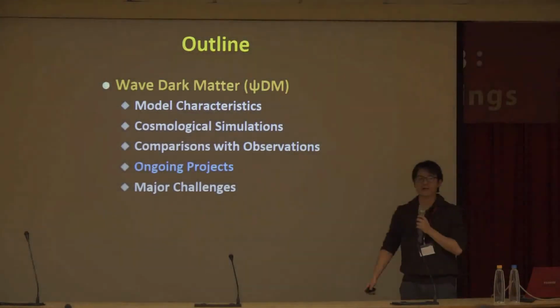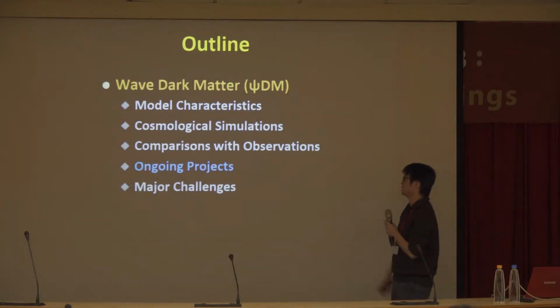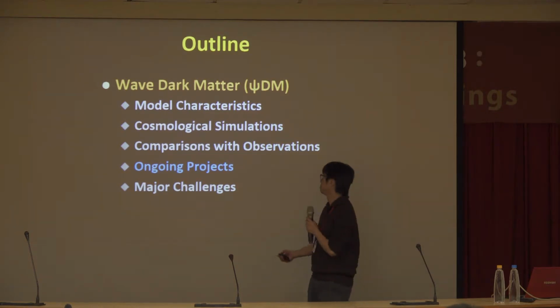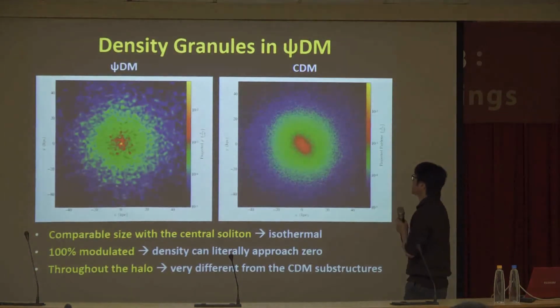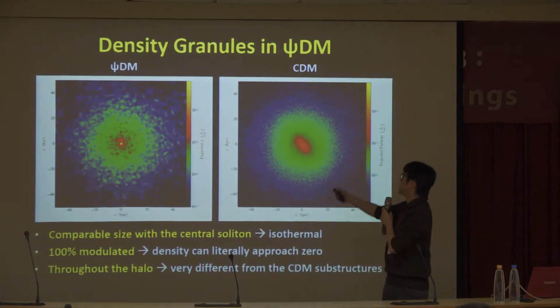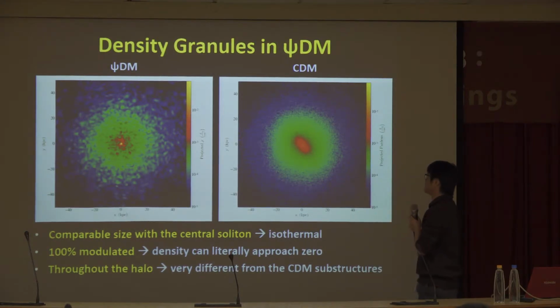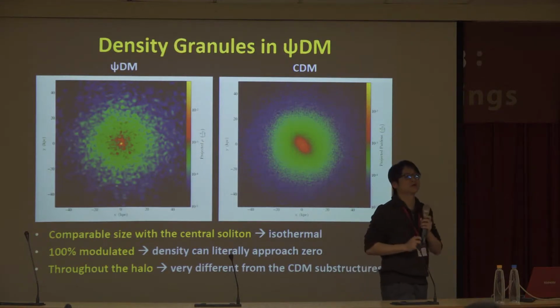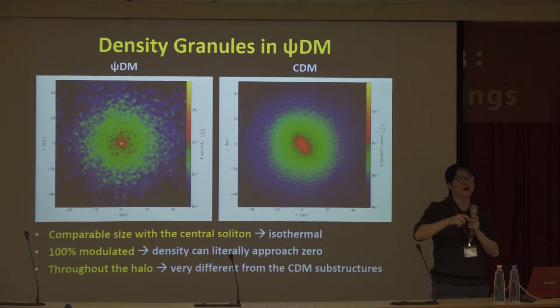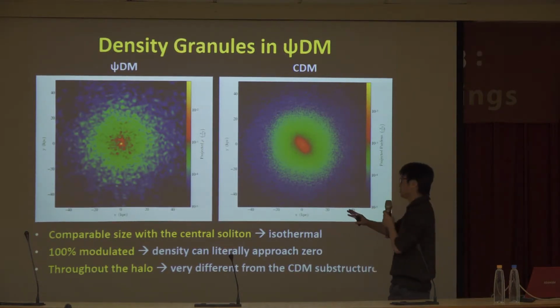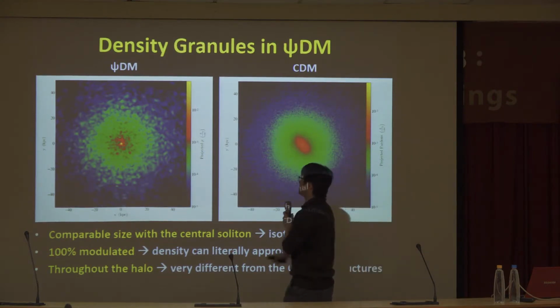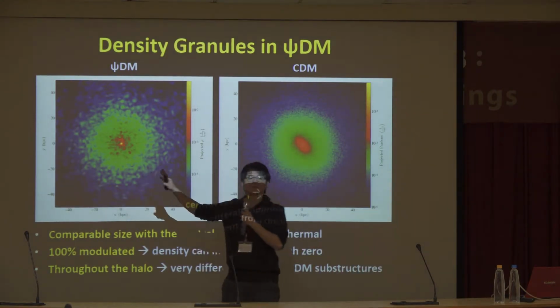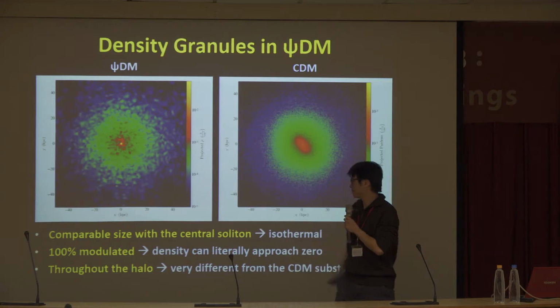Okay, so I'll quickly go through some ongoing projects and the major challenges of this model. We have been working to study these density granulations. This density granulation is one of the most unique predictions of this model that can distinguish it from CDM, and also from all other alternative dark matter models, because it is a very unique feature of this particular model.